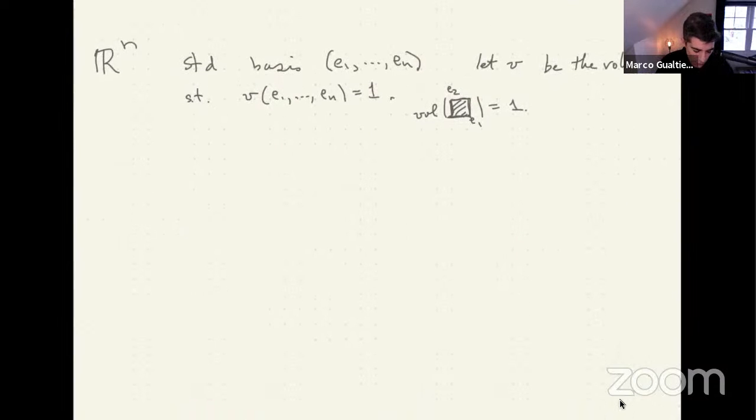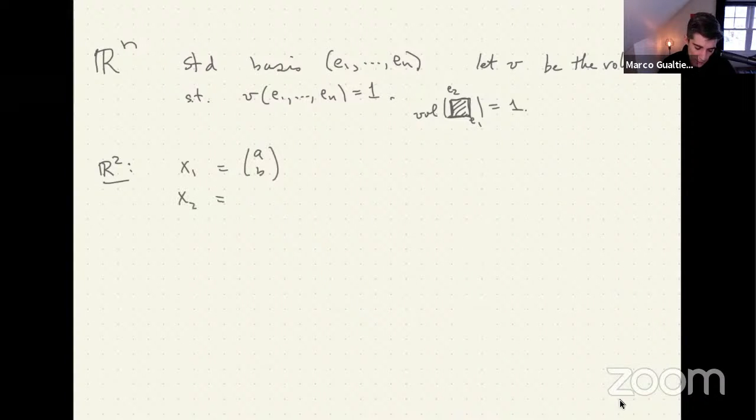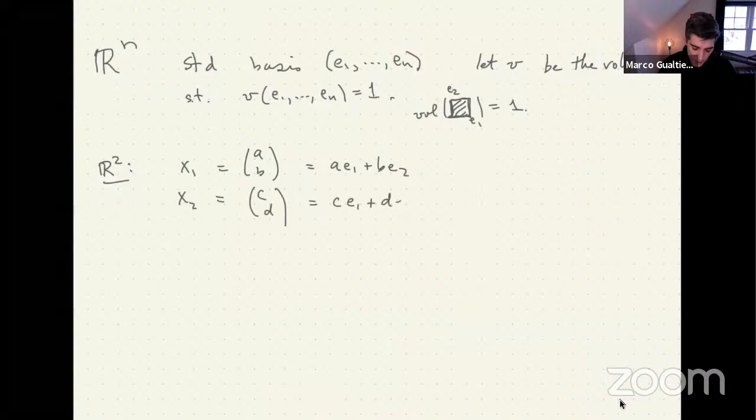Okay, so let's do an example. So let's do it for R2, let's check that it agrees with our previous definition of the determinant. So if we have, let's say, x1 is (A, B), and say x2 is (C, D), then this is A E1 plus B E2, and this is C E1 plus D E2.